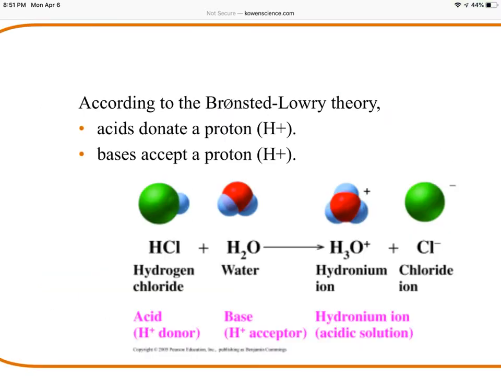So looking at this example here, we can see that this right here is a Bronsted acid because it donates a hydrogen. And so it ultimately ends up like this here, missing the hydrogen. This right here is our Bronsted-Lowry base because it accepts the hydrogen, and you come over here and it's accepted that hydrogen.